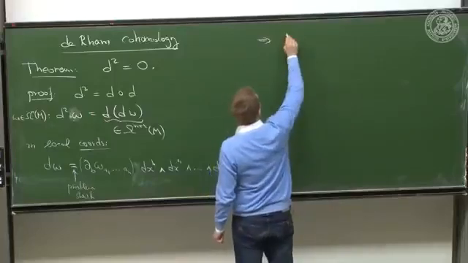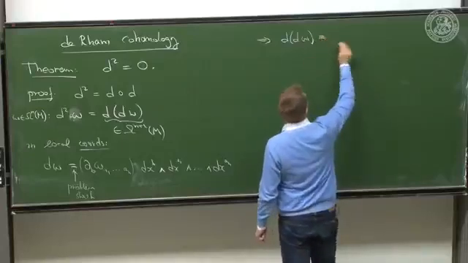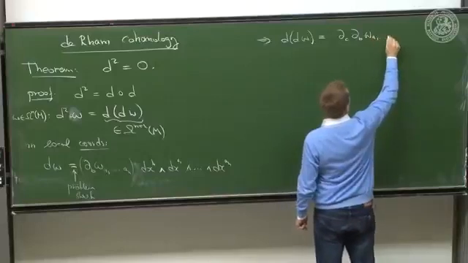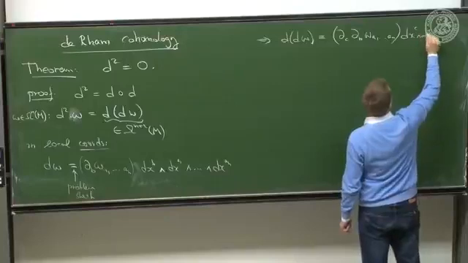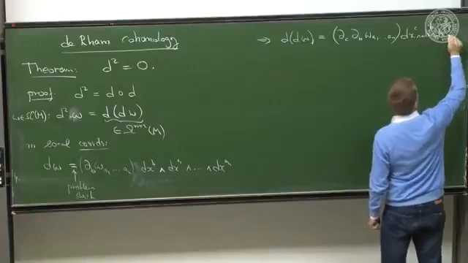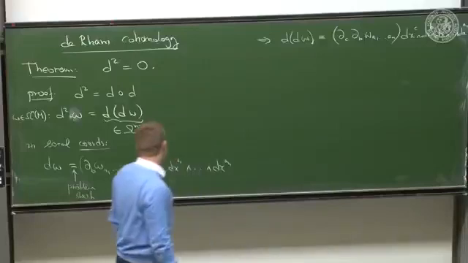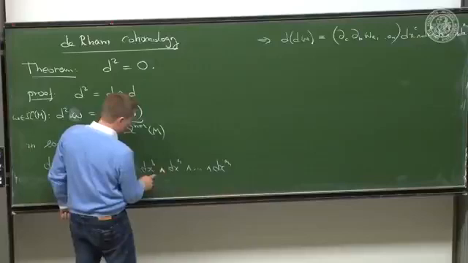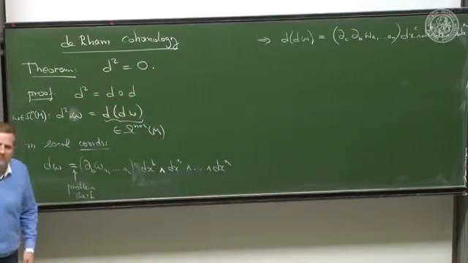But then it's immediate that the d of omega must be del_c del_b of omega_{a1 to an}, and you have dx^c wedge dx^d wedge dx^a1 wedge dot dot dot wedge dx^an, and that looks all right. However, these wedges are all 1-forms, so the exchange of any two of them picks up a minus sign.